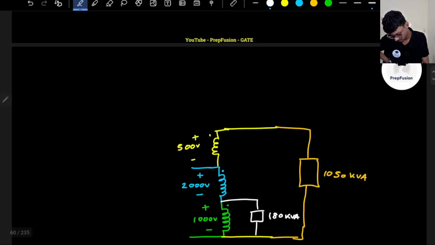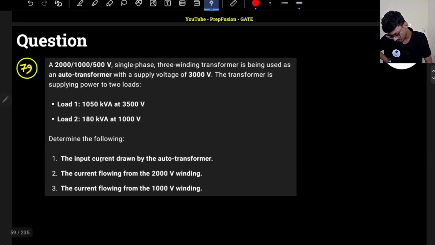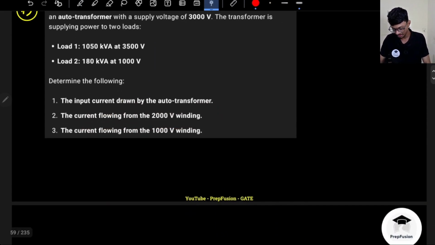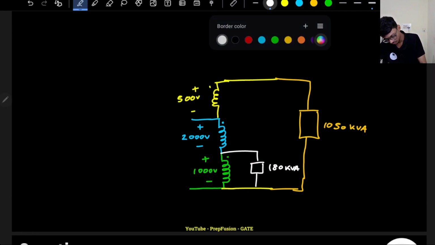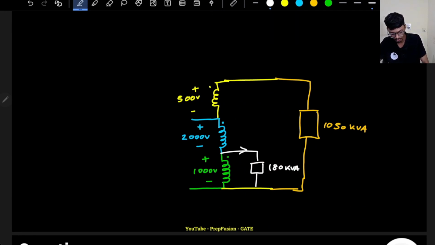Okay, the input current drawn by the auto transformer. What will be the input current drawn by the auto transformer? So what will be the current drawn by this load? The current drawn by this load will be 180 kVA upon 1000 volts. So it is 180 amperes. That is the current drawn by this load, right?